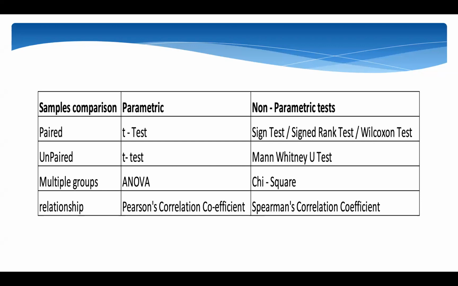Then again we come to the unpaired test. That means there were boys and there were girls, and they took the average weight of the boys and girls, and then they introduced an intervention, a drug, and later, after the drug was used, they took another set of data, their weights after the drug was used. So this is unpaired data.